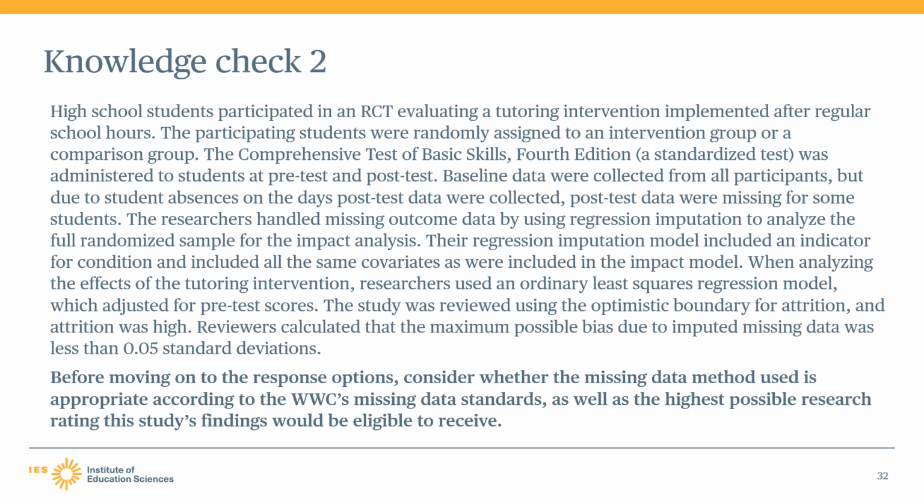When analyzing the effects of the tutoring intervention, researchers used an ordinary least squares regression model, which adjusted for pre-test scores. The study is reviewed using the cautious boundary for attrition. Reviewers calculated that the maximum possible bias due to imputed missing data was less than 0.05 standard deviations.